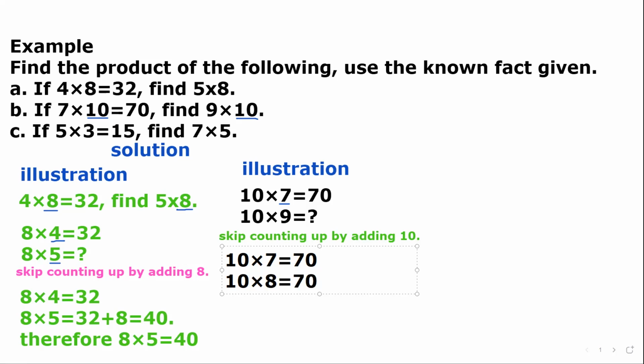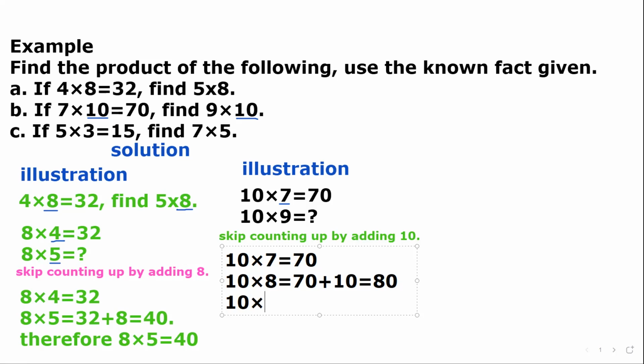plus the multiplier. The multiplier is the 10, and the answer here will be 80. Okay, good. Now we are still moving on. We have not even reached the 9. So 10 times the next number after 8, because you keep counting up, you move up.